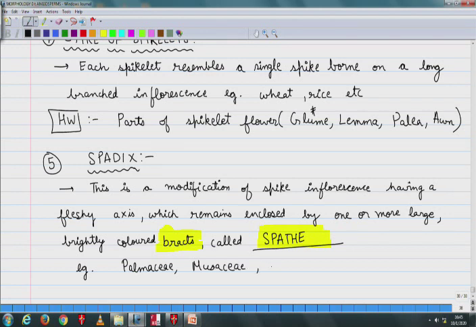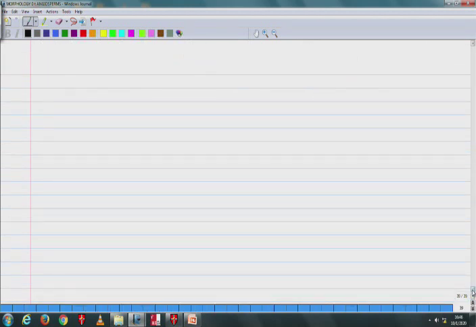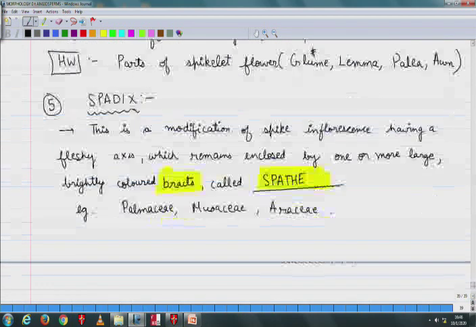And Araceae, normally ornamental plants of Araceae. This much is there. Spadix.